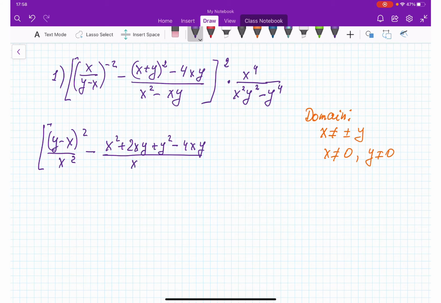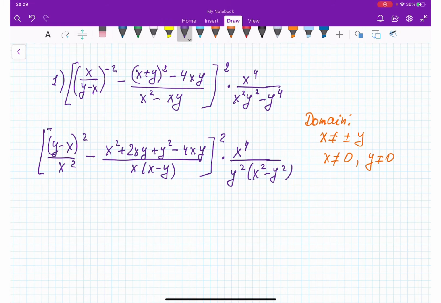divided by x times, taking x as a common factor out, it's going to be x minus y, square bracket, squared, times x to the power 4, and taking out x y squared, we will have x squared minus y squared. Okay, let's now combine like terms here, which are going to be these two.